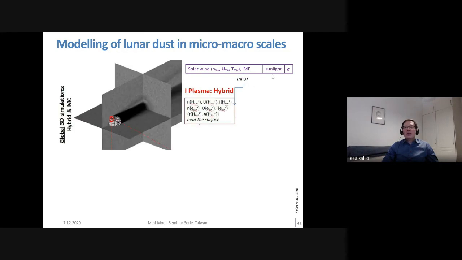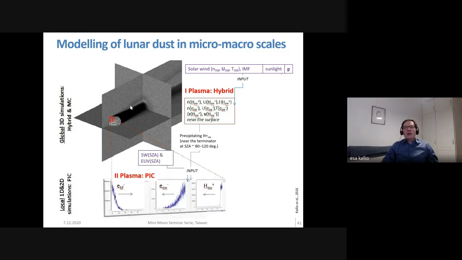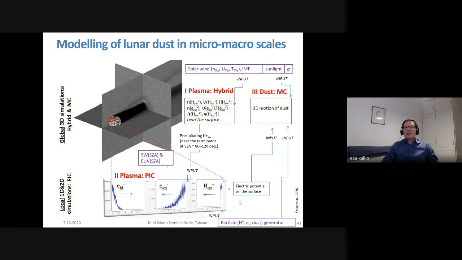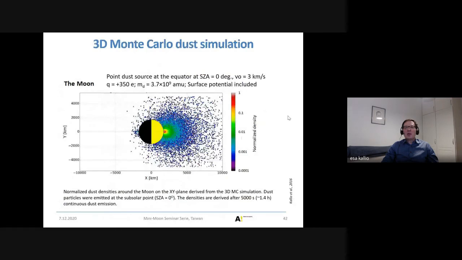You have solar wind properties. You might want to make a global model, using a hybrid model that keeps the properties of the plasma near the surface. You can feed that to a local 1D or 2D particle-in-cell simulation. You can get the electric potential. Then you can include dust particles and use a Monte Carlo simulation to investigate them.